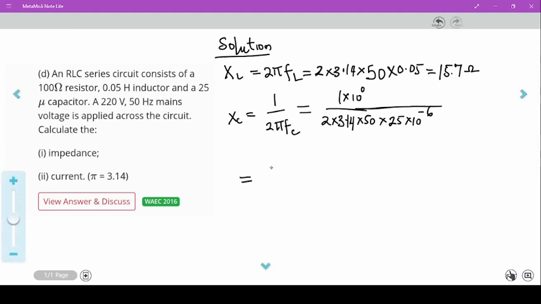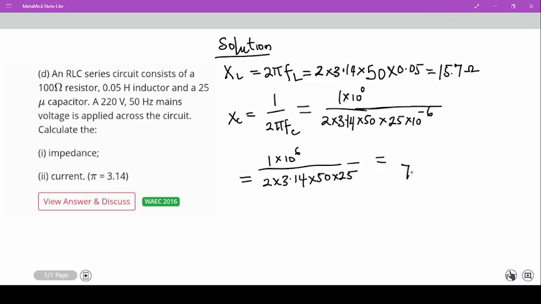And that entails 1 times 10 raised to the power of 6 all over 2 times 3.14 times 50 times 25. So 2 times 3.14 times 50 times 25 would give me about 7,850.